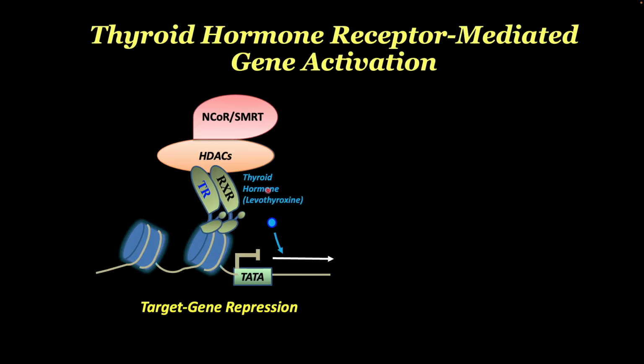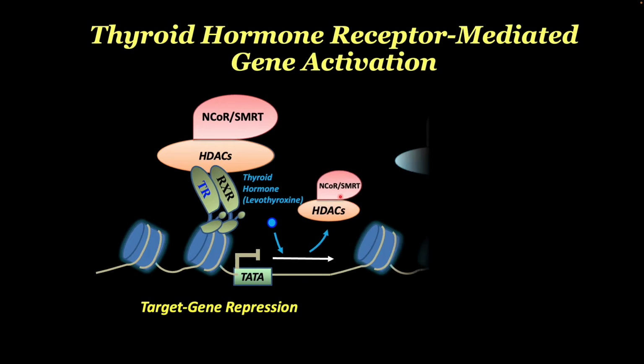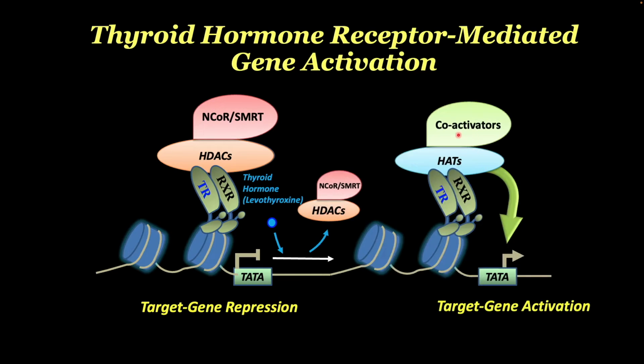Upon the addition of thyroid hormone or levothyroxine drug, you see gene activation through the release of co-repressor proteins and the recruitment of co-activator proteins and histone acetyltransferase enzymes. Together, the receptor regulates target gene activation in those tissues where the complex is expressed.